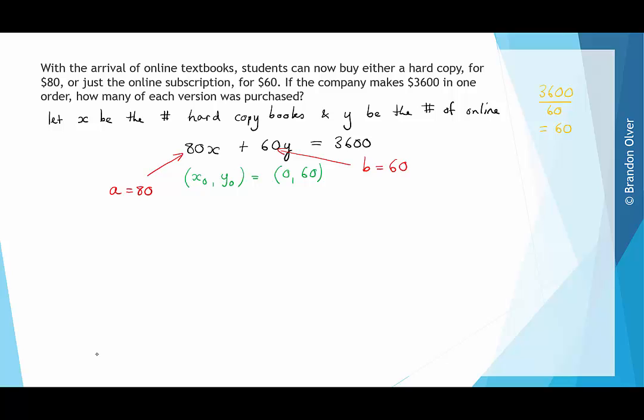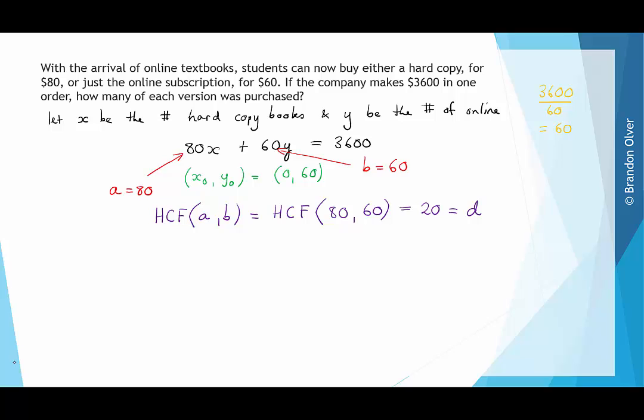So next we need to find our highest common factor of a and b, which is the highest common factor of 80 and 60. Now hopefully by inspection you can see that this value is going to be 20, and that's going to equal d in our general solution equation.